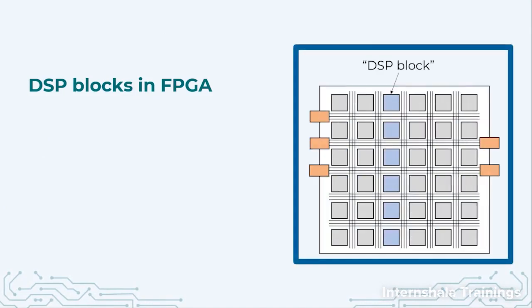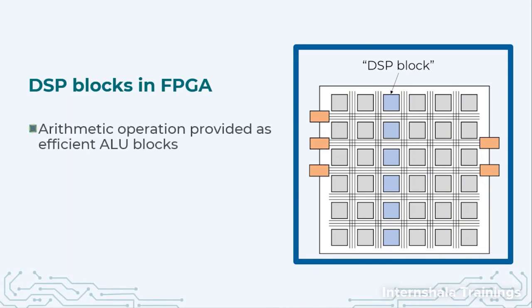The next type of blocks that we have inside the FPGA are the DSP blocks. Again, they are arranged in the same fashion that we had for CLBs, connected with interconnects and the input output ports. The main purpose of these DSP blocks is to provide arithmetic function support.